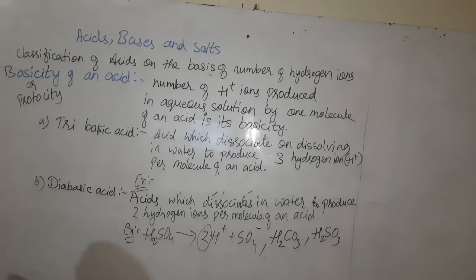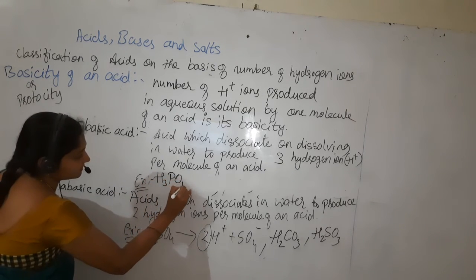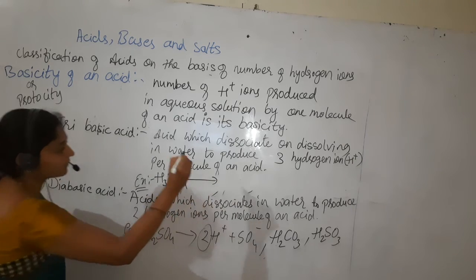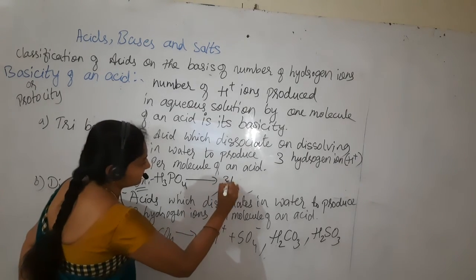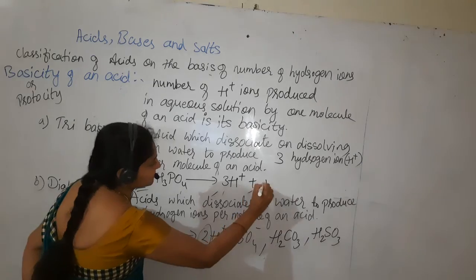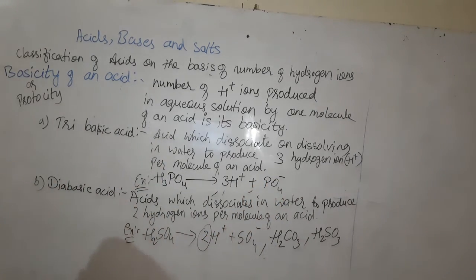For example, we can consider H3PO4. How is it going to dissociate? It gives 3H+ and PO4 3-.